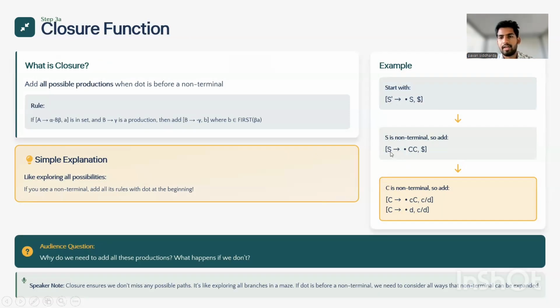For S gives rise to dot CC, comma dollar, C is a non-terminal, so we add all the possible productions of C, that is, what C produces. Here C gives rise to dot c C, and C gives rise to dot d.